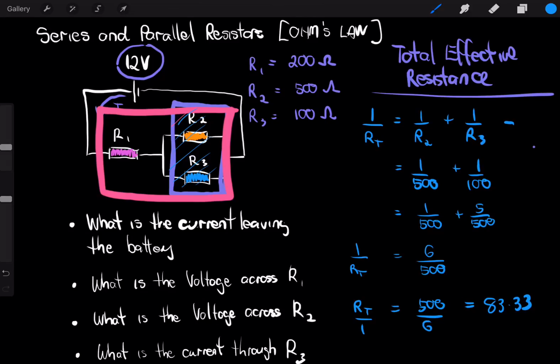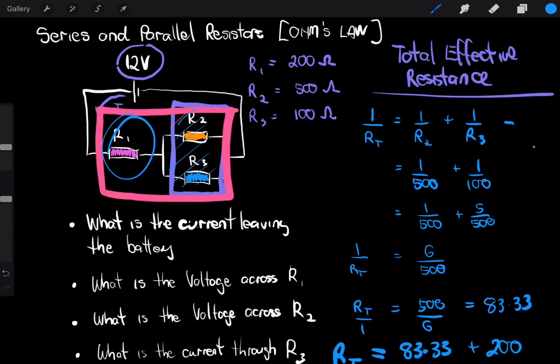Now, because they're in series with R1, to work out the total resistance it'll be R1 plus 83.33, because R1 is in series with the other two resistors. So the total resistance of the circuit will equal 83.33 plus R1, which is 200.